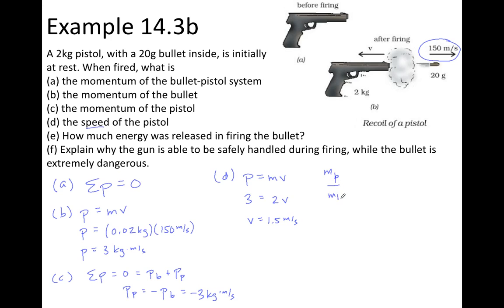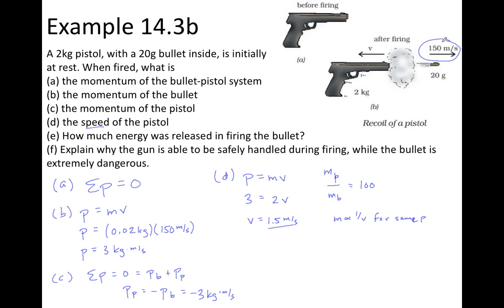I do want to point out that the mass of the pistol divided by the mass of the bullet is 100. The pistol is 100 times the mass of the bullet. The mass and the velocity are inversely proportional for the same momentum. Therefore, that's why, if you notice, this speed is 100 times less than the speed of the bullet.